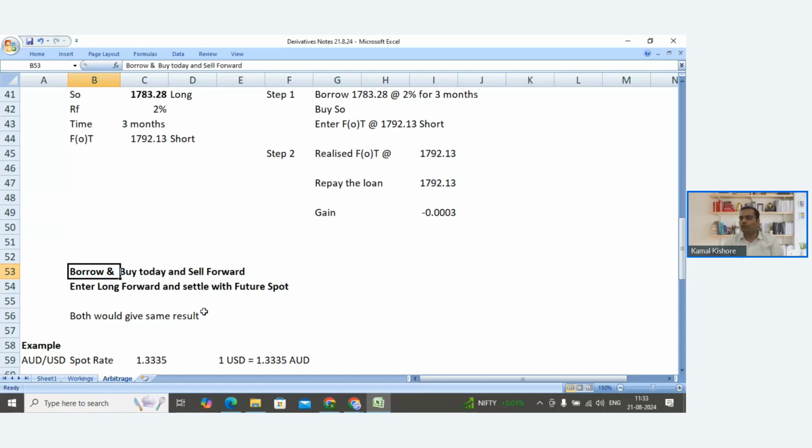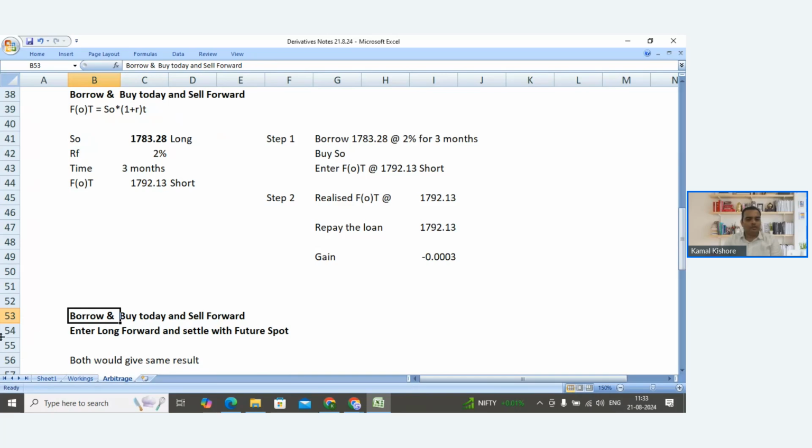So you are buying the gold today and selling in the forward contract, which is what we have seen here. But this is a different transaction. Long forward means what? Buy the forward contract.